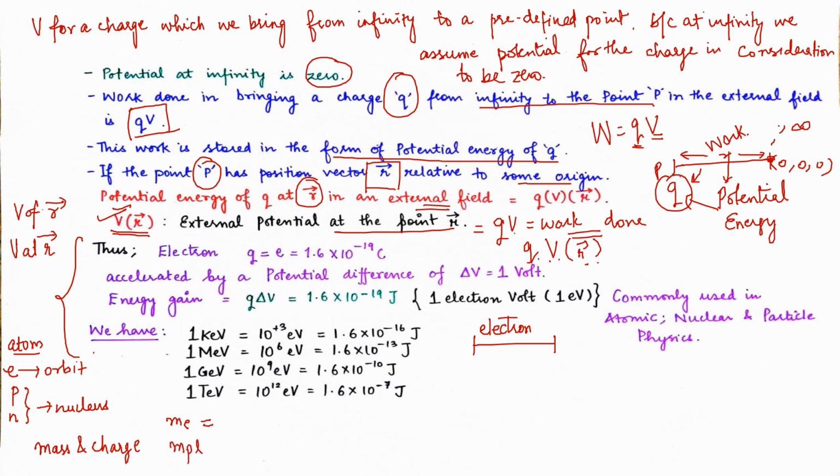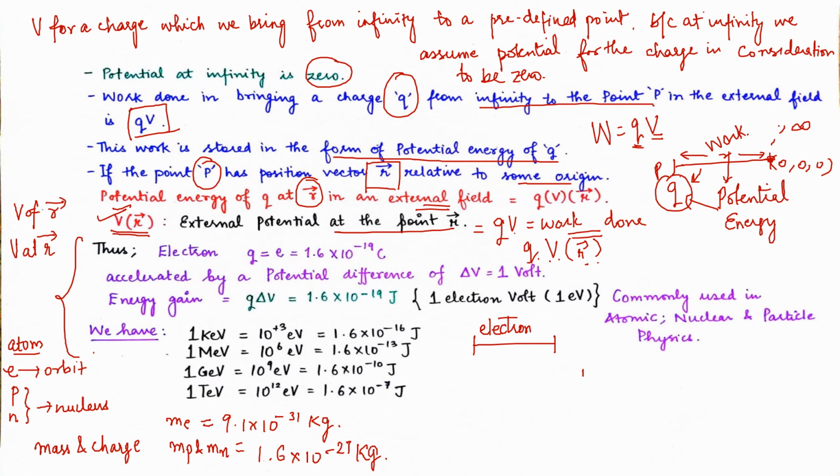Mass of proton and mass of neutron are approximately the same. Mass of electron is given as 9.1 into 10 to the power minus 31 kg, whereas mass of proton and neutron broadly can be written as 1.6 into 10 to the power minus 27 kg. As I say broadly, that does not imply that this is the exact numerical value.